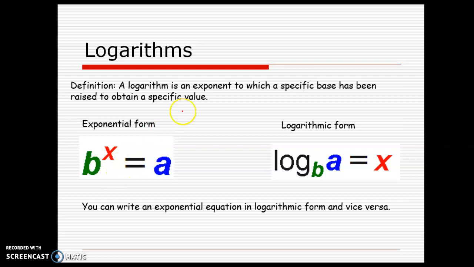Right? A logarithm is an exponent to which a specific base has been raised to obtain a specific value. So b to the x equals a. To write it in logarithmic form, log base b of a equals x. Just about every teacher you know will do b to the x equals a. Okay? You can switch back and forth between the two forms.